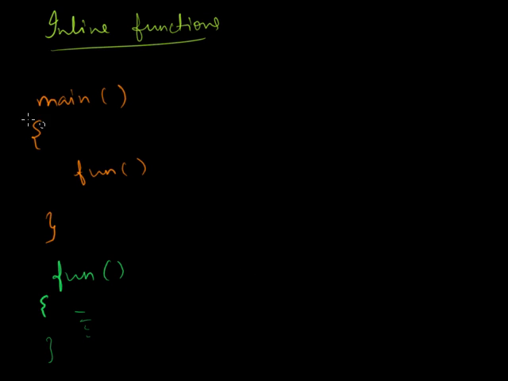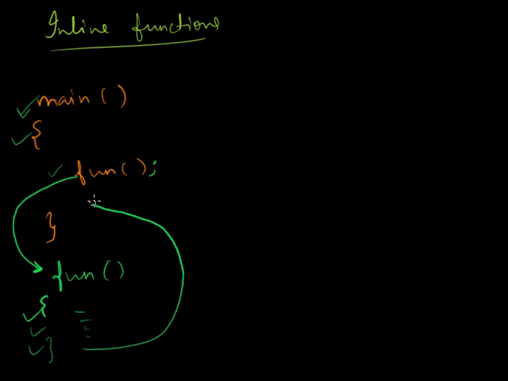Now how does the control go in any C program? It goes sequentially from top to down. First this statement is done, then this, then it goes to fun. Now whenever it finds a function call, it directly jumps to the function, wherever the function is there in memory. It gets executed and then it returns back to the spot where it jumped from.